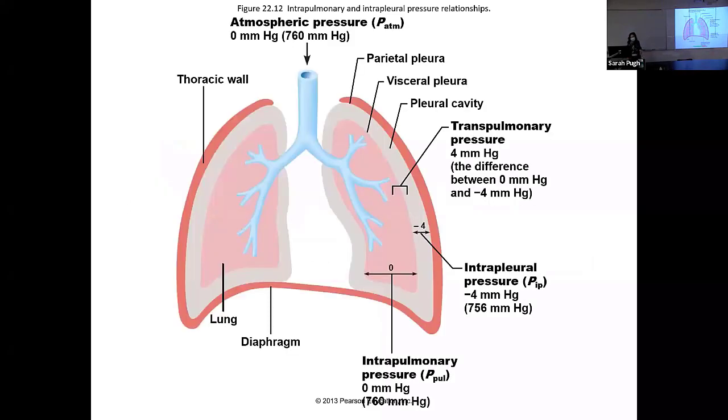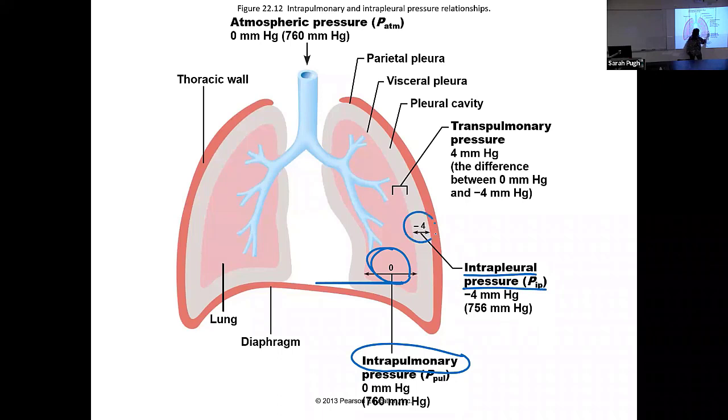So if we look at a picture here, this is showing you those different pressures. So we can see our intrapulmonary pressure. That's the pressure inside the lungs. We can see our intrapleural pressure. This is the one that is always negative.